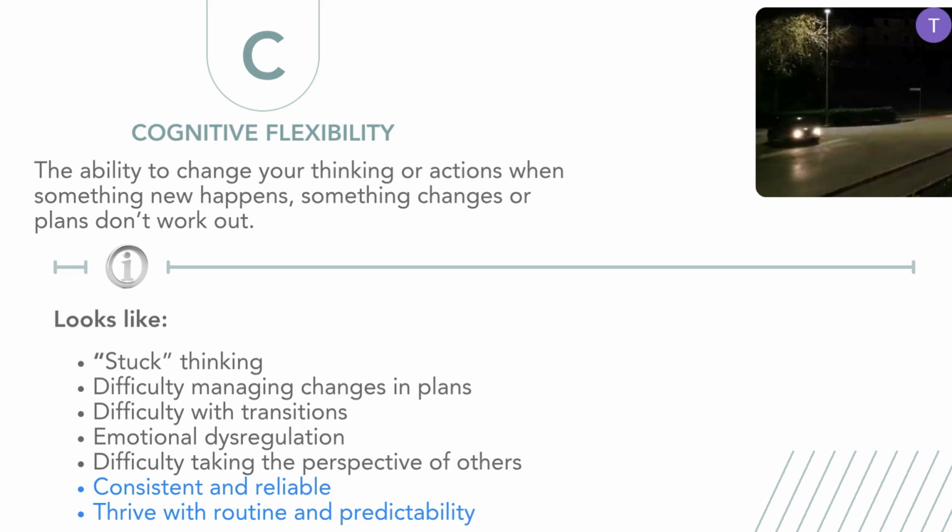And when we think about it from that perspective, it's much easier for us to deal with it rather than we think of a child who has emotional control difficulties. So often these kids can be really consistent and really reliable, and they often thrive with routine and predictability.